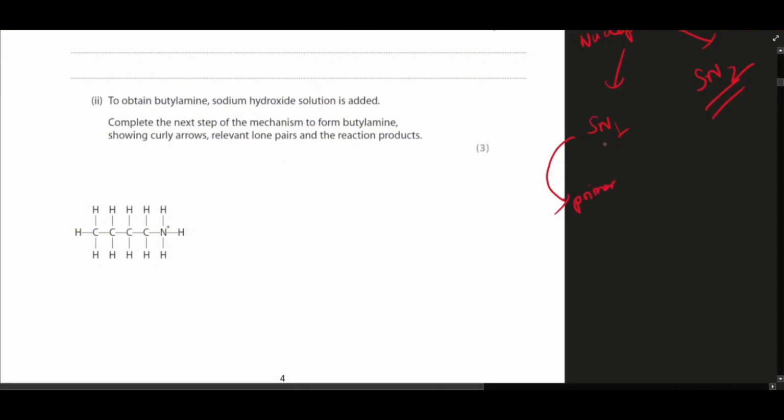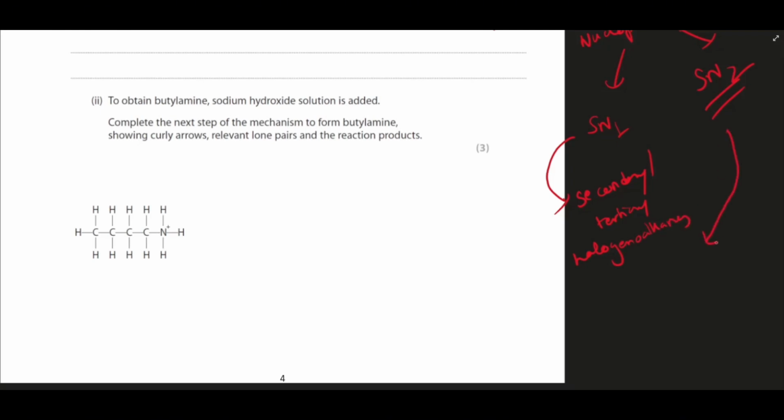Did I make a mistake? Sorry. So no. SN1 secondary or tertiary halogenoalkanes go through, while SN2 is done by only primary halogenoalkanes.